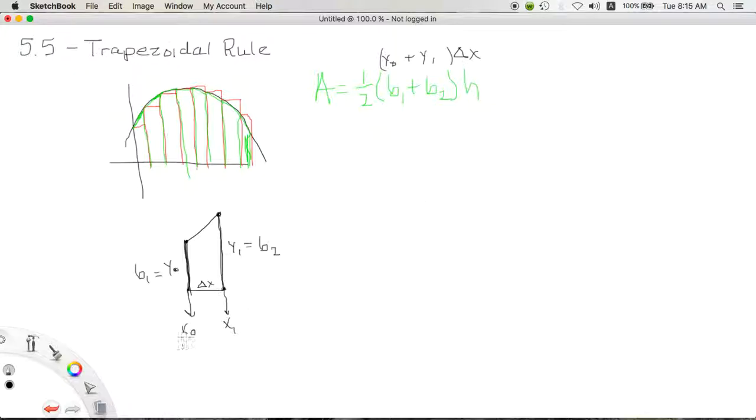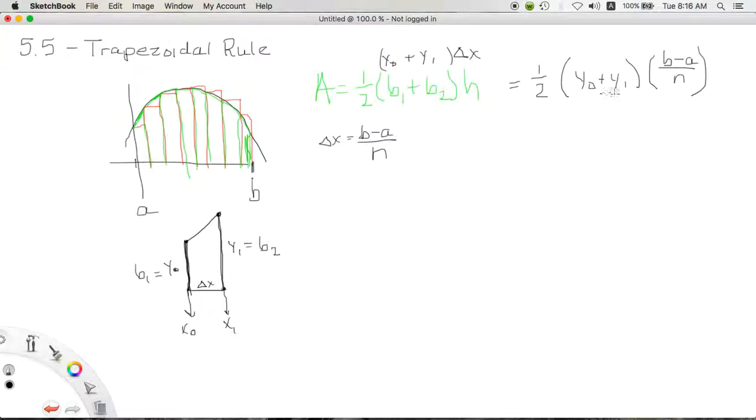This delta x, if we're going along an interval, the whole interval is from A to B, the x values, then this delta x is going to be B minus A over n, where n is the number of trapezoids we have, just like we did with the rectangles. So we can rewrite this formula as 1/2 times the y0 plus the y1 times B minus A over n.